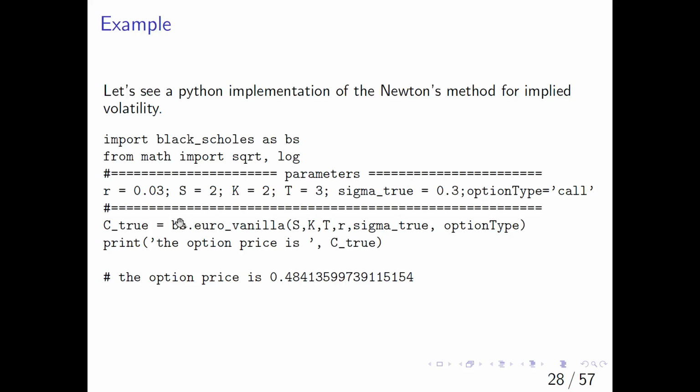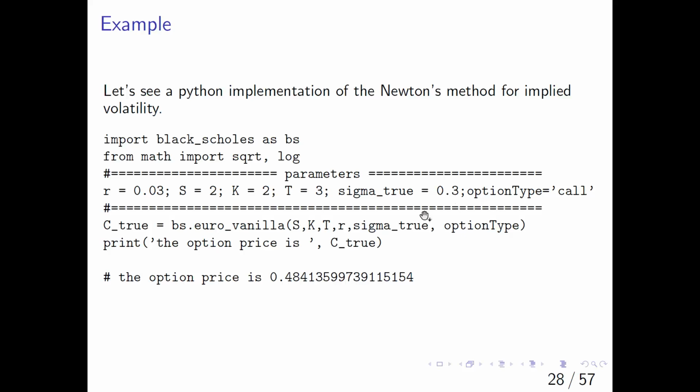I use the Black-Scholes formula to generate this option quote. Now we pretend this is the option quote we observed from the market. I myself know how I got this option value. I used volatility 30%.